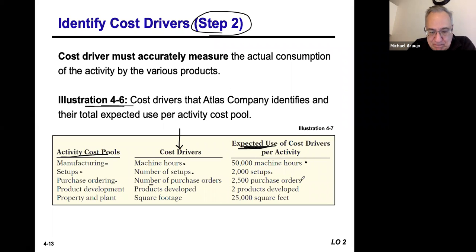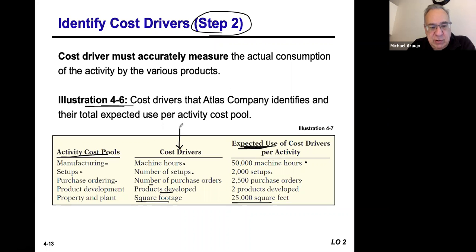Is quite a lot. Product development, how many products were developed? 2 in this case. Property and plant, they're paying for all that square footage, and they expect to use 25,000 square feet to produce the products.